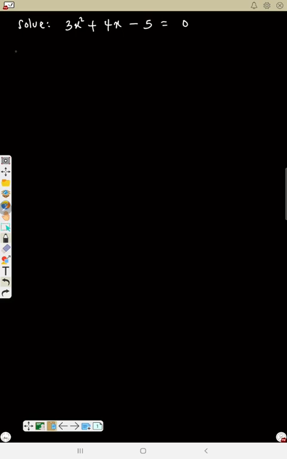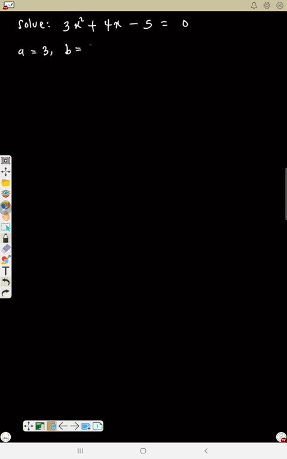So here a is what? a is 3, as in the first number is a. So if no number is there, a will be 1. Meaning if this 3 is not there, that means the coefficient will be 1. That means a will be 1. But here we have 3, so a is 3, the first number.